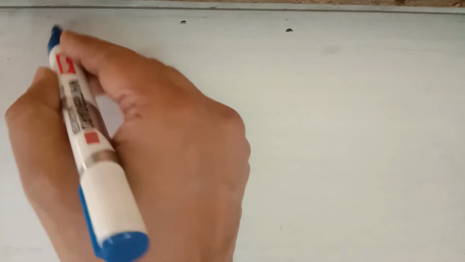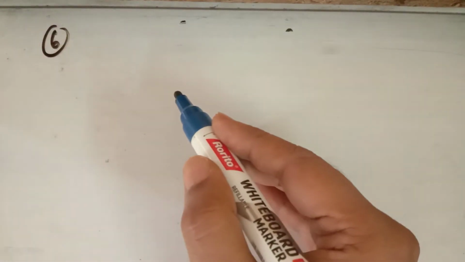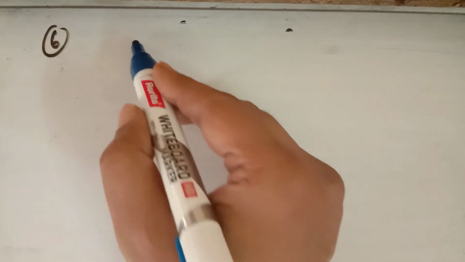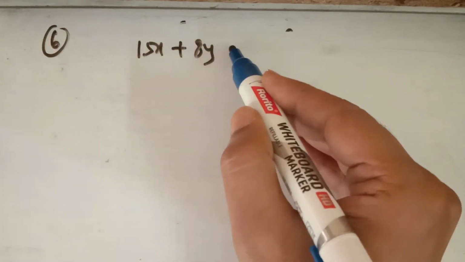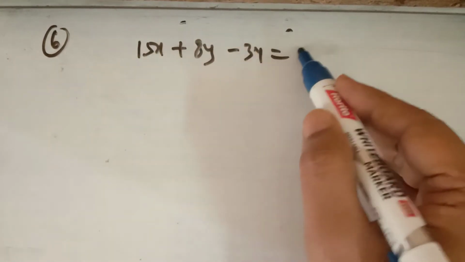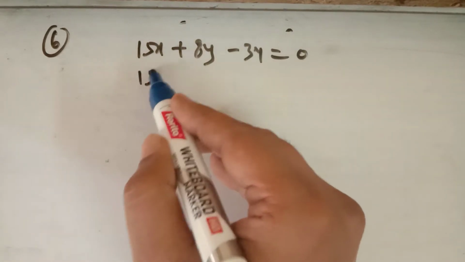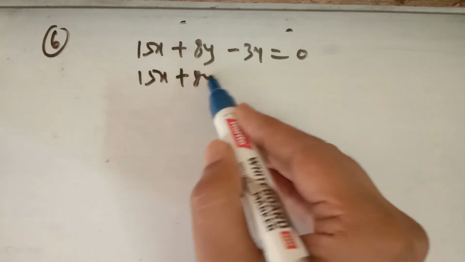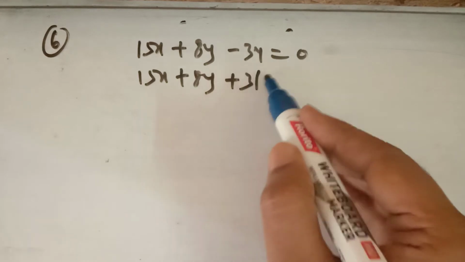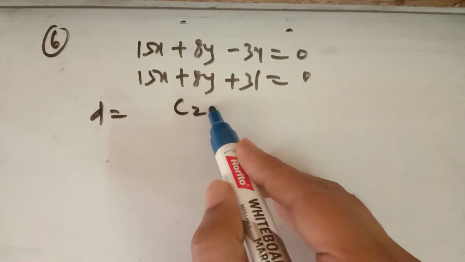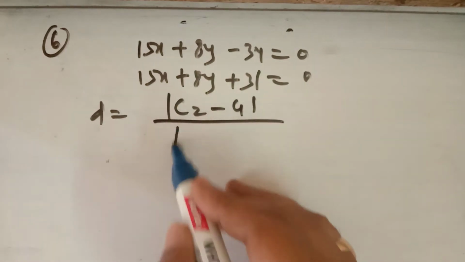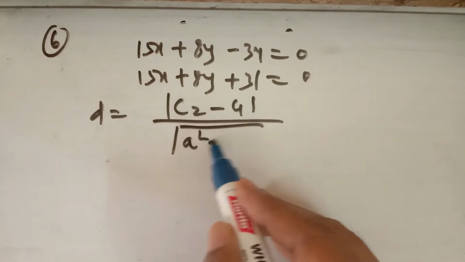Now in question number 6, you have to find the distance between these parallel lines. 15x + 8y - 34 = 0, and another parallel line is 15x + 8y + 31 = 0. Now the distance between parallel lines is the modulus of c2 minus c1 upon the square root of a square plus b square.